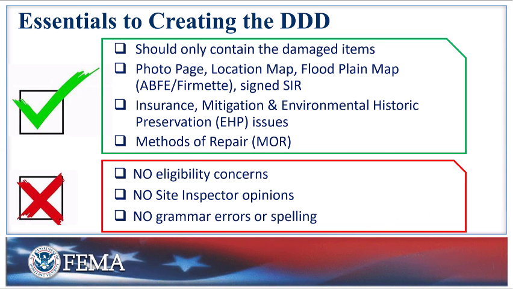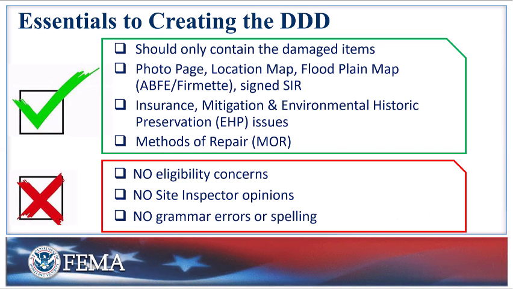What we should not have, or be concerned with, are eligibility concerns, our site inspector opinions, grammar or spelling errors. Those are the things that we should not have as part of creating our DDD.